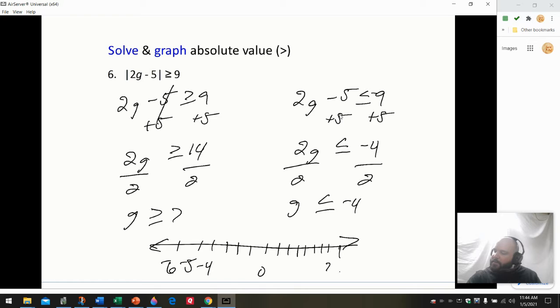Call that 7. Here's 8. I'm not going to put all the numbers in. But if I were to go and now graph this, when g is greater than or equal to 7, that would be a solid dot on 7, and it's shaded to the right. The other one, g is less than or equal to negative 4, that would be a solid dot on negative 4, but it would be shaded over here.